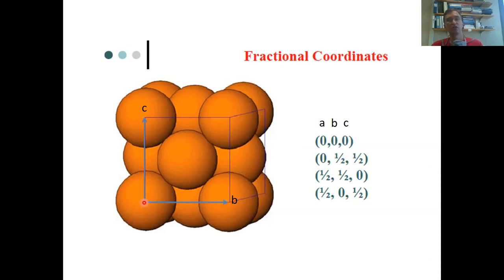Because we need to go 0 in A direction, a half of the lattice parameter B, and a half of the lattice parameter C. So there are now 3 other atoms that sit on the face centers which are explicitly described. Namely, the one that sits on the fractional coordinate a half, 0, a half, and a half, a half, 0.